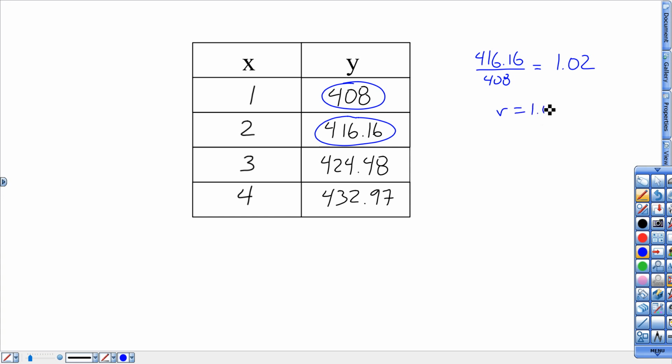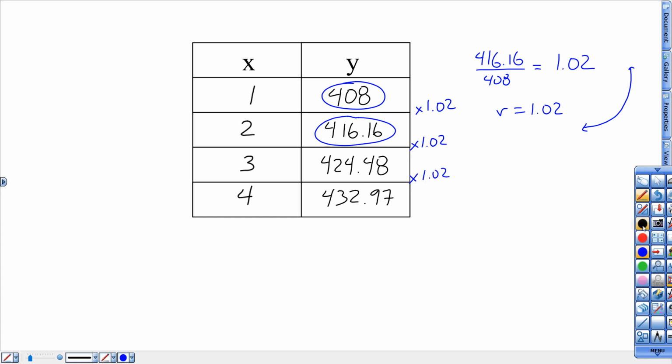It's not going to be like slope because these lines are curved and don't have a common rate of change. That's just my common ratio, my timesing number. So that's the number I'm timesing all the way down. If you want to use your calculator to prove it to yourself, take those numbers and times by 1.02 should give you those values.